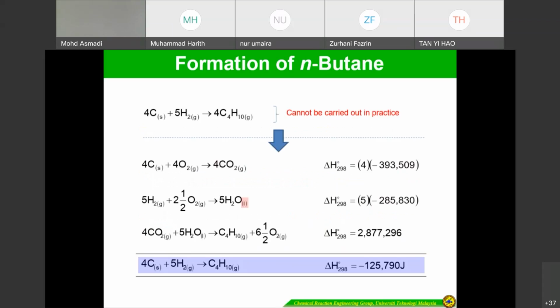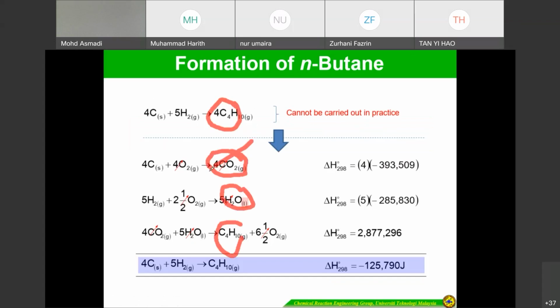Okay, let's see the example of the formation of butane. If you look at here, it is similar, right? The heat of formation of the CO2, because this is butane, right? So we have no data for this one, even from your main textbooks. So first, what we have to do is the formation of CO2 and then H2O and also this one.